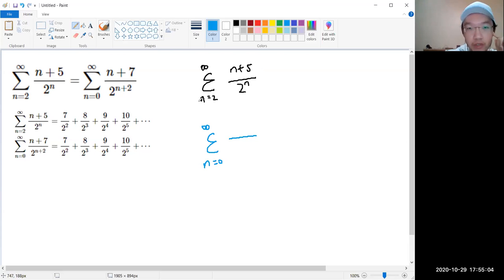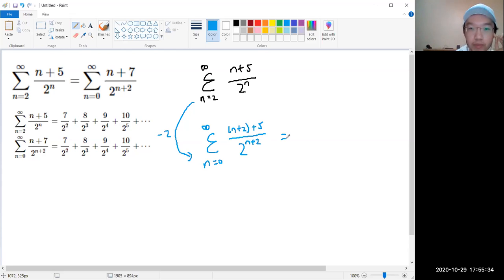To go from n equals 2 to n equals 0, we do minus 2, right? We had to subtract 2 to go from 2 to 0. That means in your formula, where we see an n, you're going to replace it with n plus 2 instead. So you're going to have n plus 2 plus 5, and then you have 2 to the power of n plus 2.